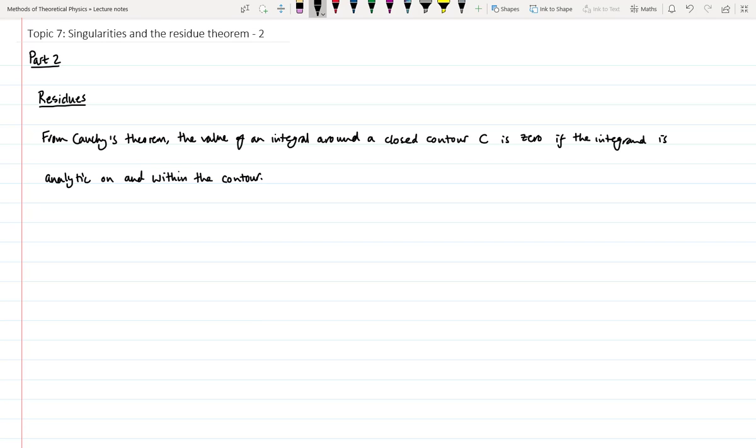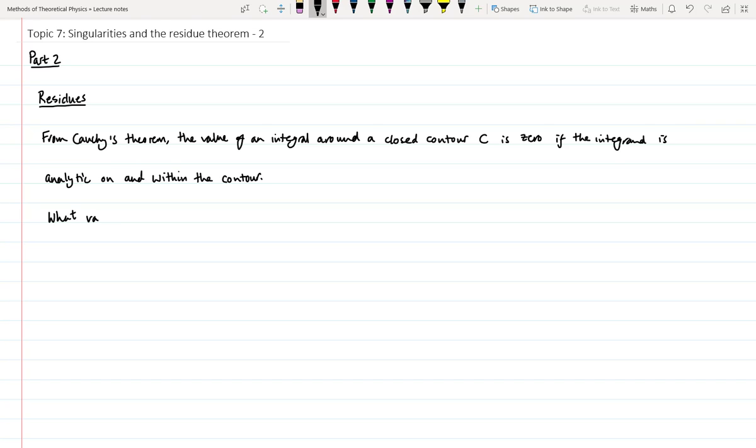We've seen in topic 5 that contours in multiply connected regions can be deformed through regions of analyticity, and that doesn't change the integral value. But what is the value of an integral in a multiply connected region? That's the question we're going to address in this video.